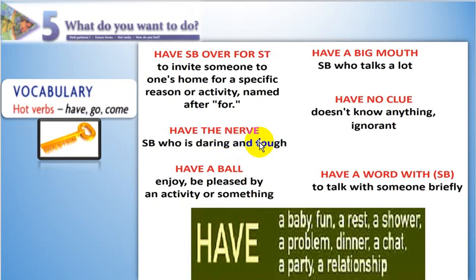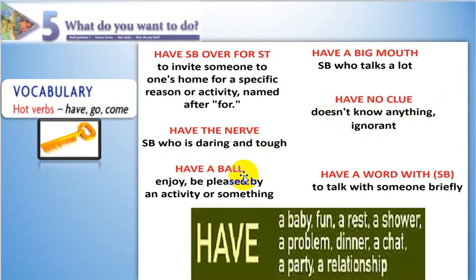Okay. Have the nerve. Have no clue. Doesn't know anything or ignorant. When we say someone or he has no clue, it means he's ignorant. He doesn't know anything. Okay. So this is also an expression. Okay.